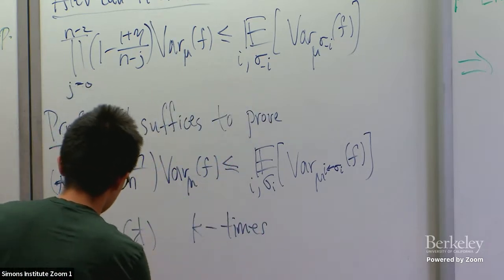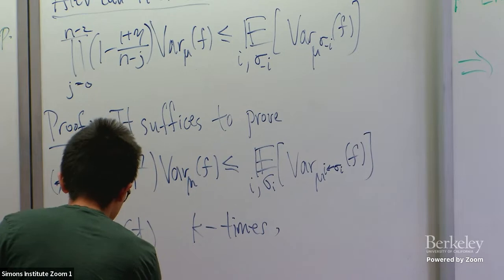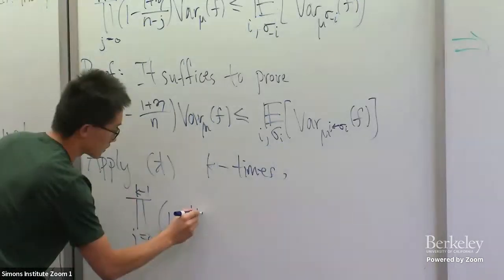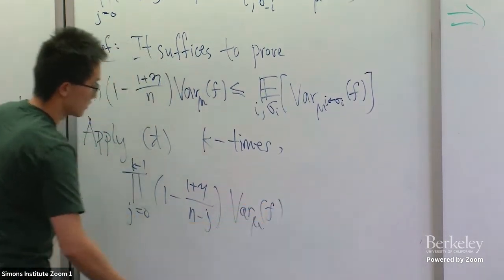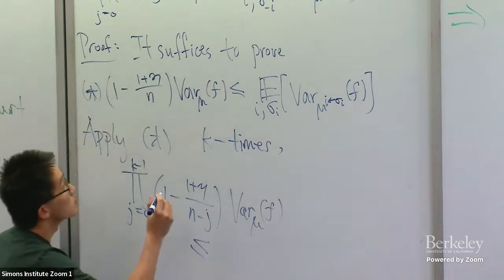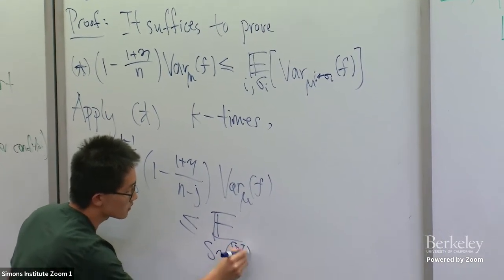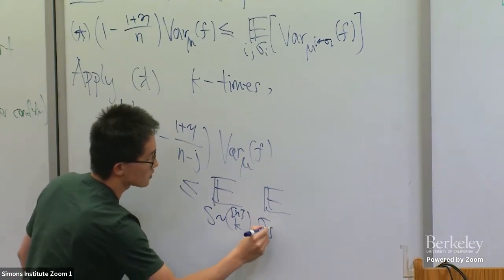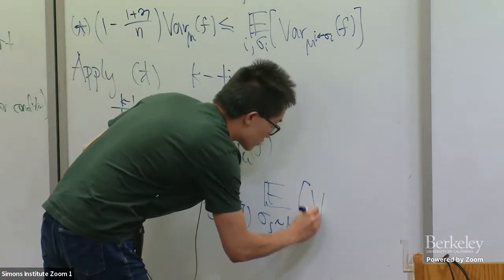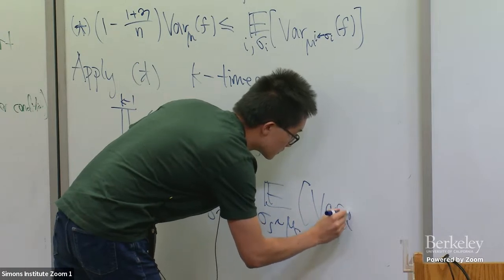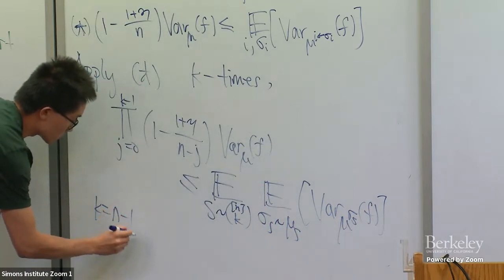If I apply this k times, then I get that the product over j from 0 to k minus 1 of 1 minus (1 plus eta) over n minus j, times the global variance, is at most the expectation over a random subset of k coordinates, expectation over an assignment to those coordinates according to the correct marginal distribution, of the localized variances. And then of course, the case k equals n minus 1 is the claim.